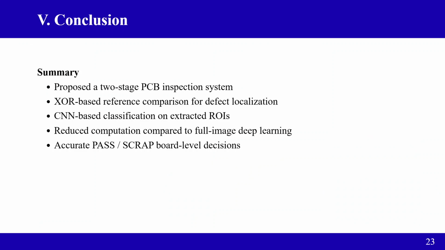Now I will move to the conclusion of the presentation. In this work, we propose a PCB inspection system. The system uses Xor-based reference comparison for defect localization, followed by CNN-based classification of extracted ROIs.